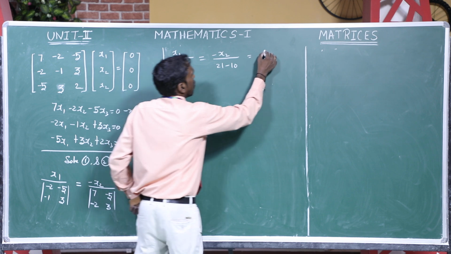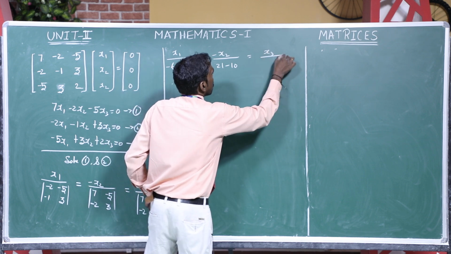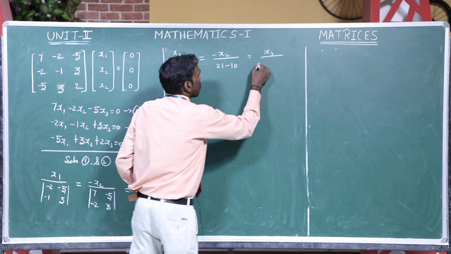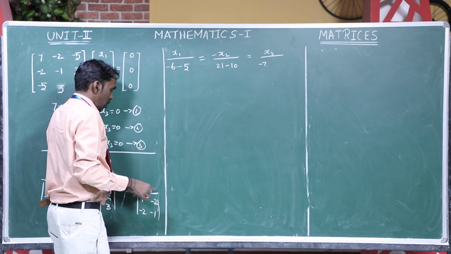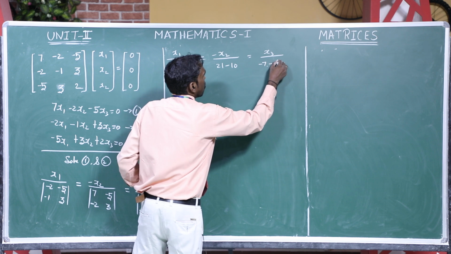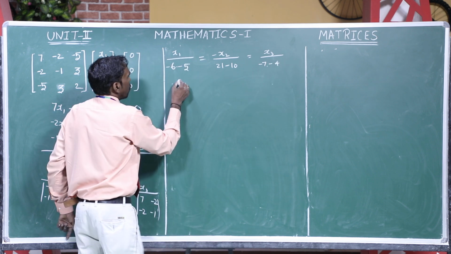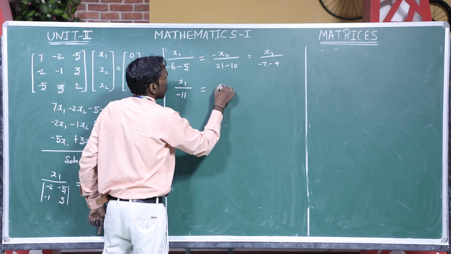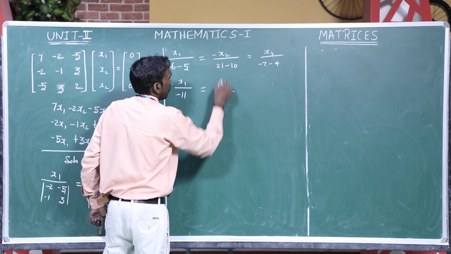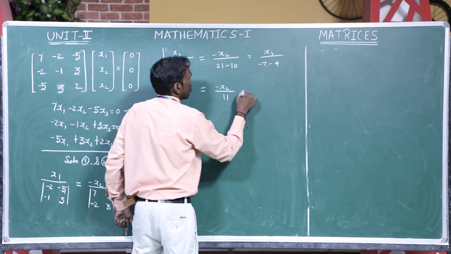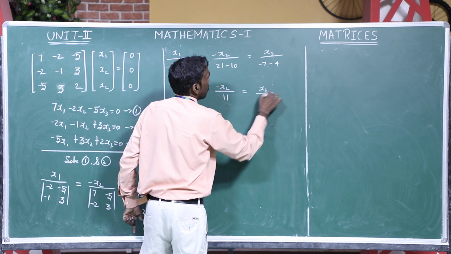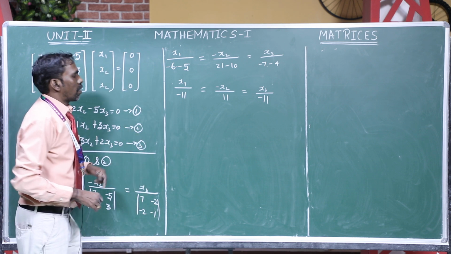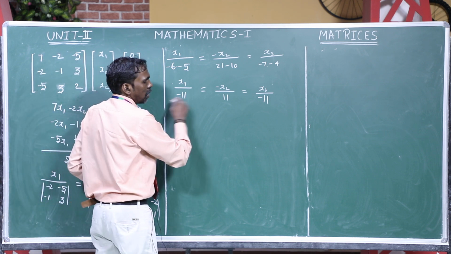Then x3 divided by 7 minus 7, which will be minus 4. So x1 by minus 11, minus x2 by 11, x3 by minus 11. All values are divisible by minus 11, so divide this by minus 11 now.